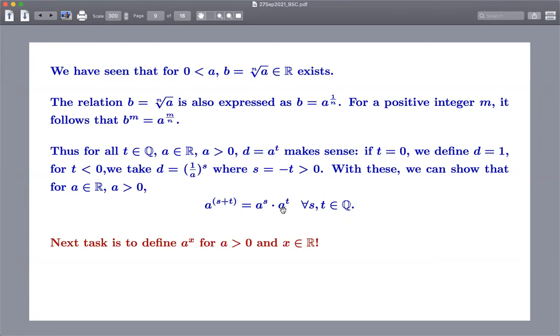A power minus 1 we have already given a meaning: a power minus 1 is 1 over a, the multiplicative inverse of a. So using that, it makes sense to me, at least, to give this definition of a power t if t is negative. We define it so that this particular property holds. That's the reason. Correct.